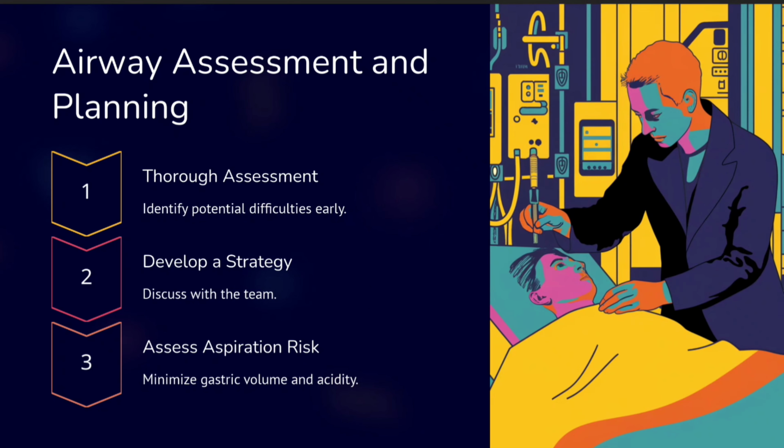Now, when you assess the airway and you plan, these are the points that we should follow. First of all, perform a thorough airway assessment if possible. In critical care patients, sometimes you know the patients from before and an intubation situation may arise later. So always perform a thorough assessment.